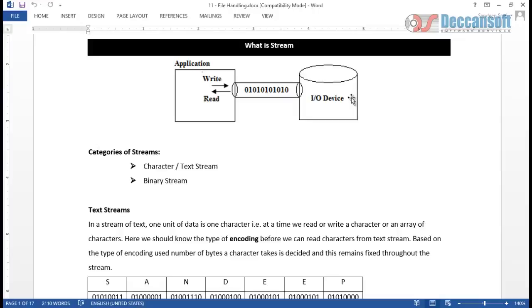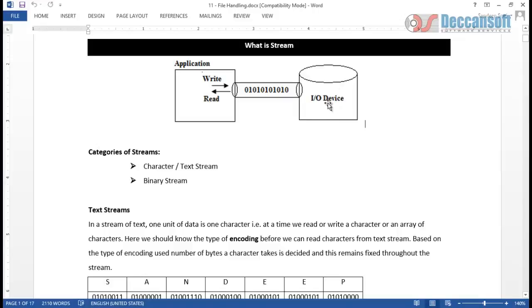Input was taken from the keyboard and output was generated on the monitor. But right now we are talking about a file as our target from where we want to read the data or write the data to. That means this file is supposed to be a file on the disk.